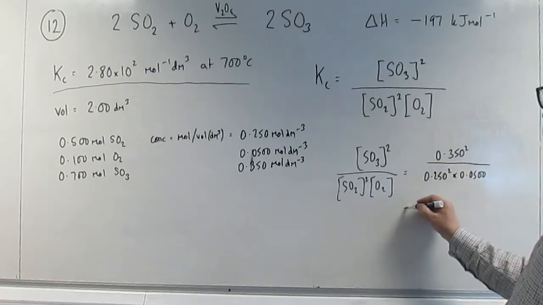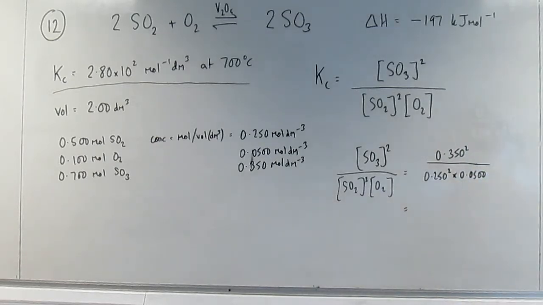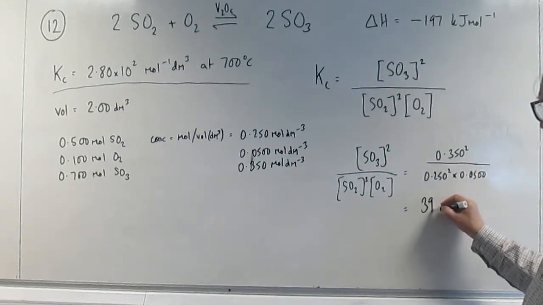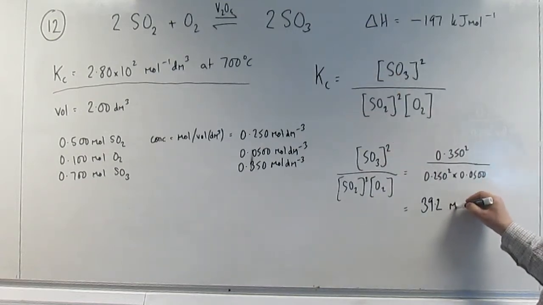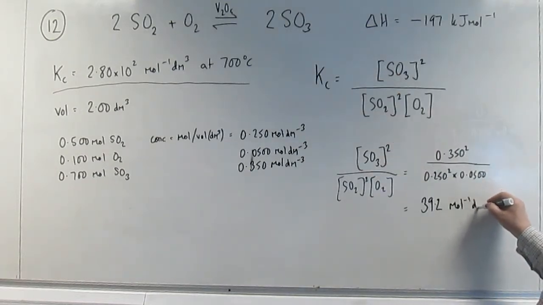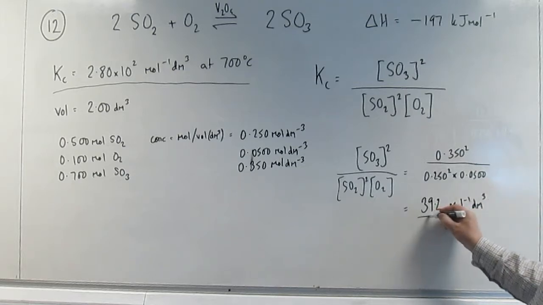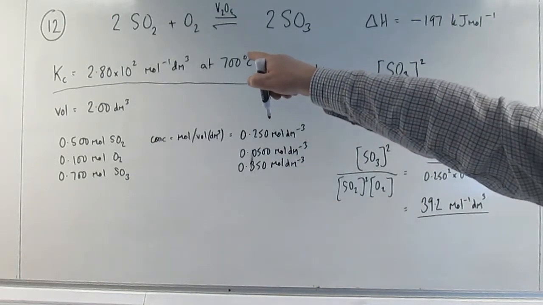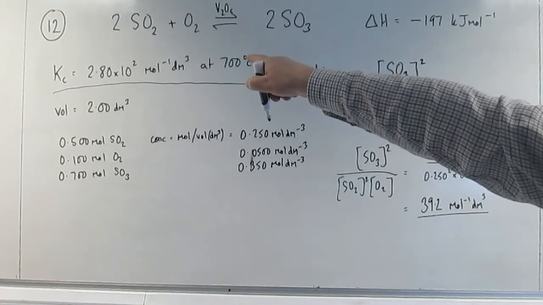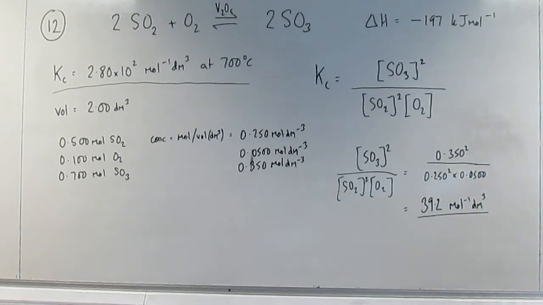Okay, we put all those numbers in, crunch them together, and what comes out is 39.2. And that will be same units as Kc, moles to the minus 1 dm cubed. And you can see that doesn't equal Kc. It's a much bigger number, so that should be 10 to the minus 2, should it? No, it is 10 to the 2, right, that's fine.